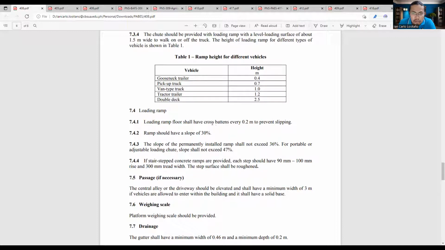There should be cross buttons to prevent slipping of the animals, and the ramp should have a slope of 30%. The slope of a permanently installed ramp should not exceed 36%, but for a portable or adjustable loading chute, the slope should be below 47%.